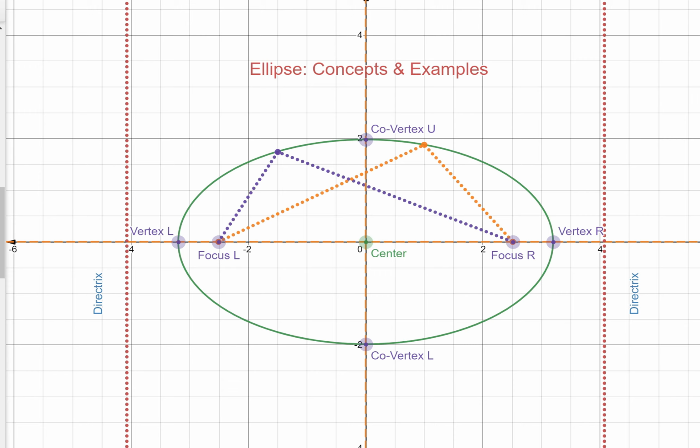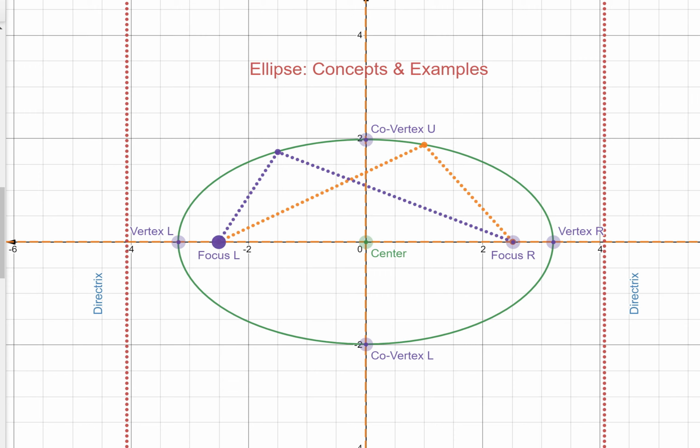To model an equation for the ellipse, we use one of these two concepts. One way to define all the points on the ellipse is to say that the locus of points is such that the sum of distance from the two focal points is always constant.